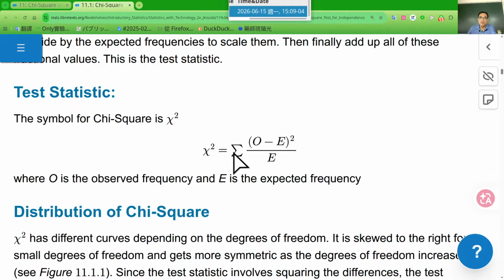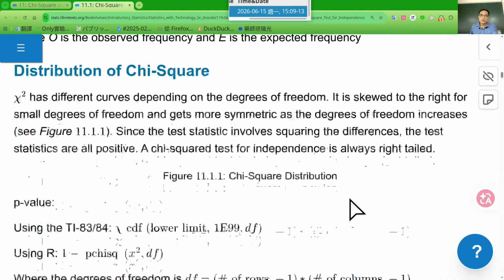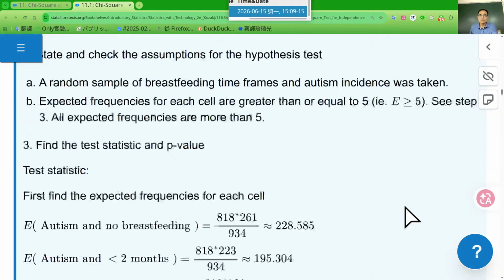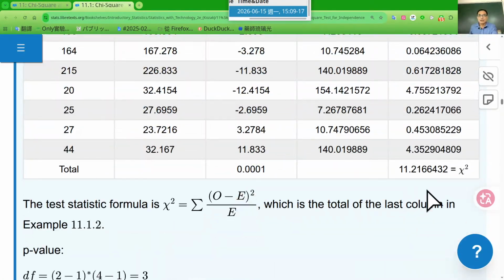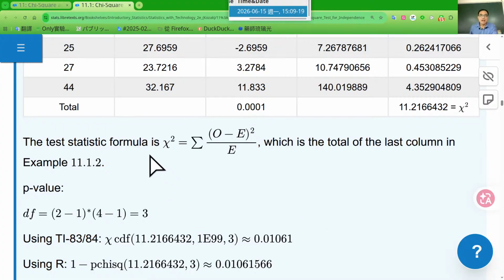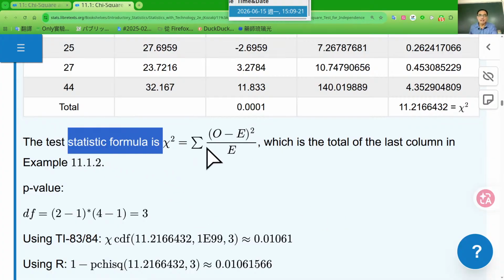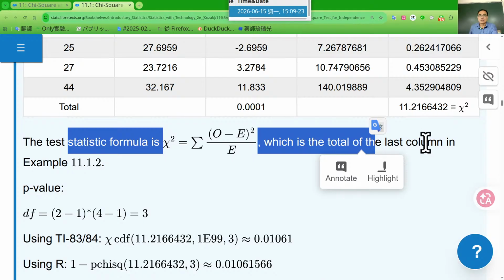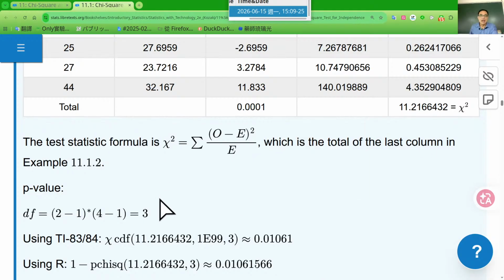Chi-square equals summation, to add them all up, the square value divided by the E value. And the statistical value is like this one, which is total, the lesser column in here, and degree of freedom, 2 minus 1 and 4 minus 1.